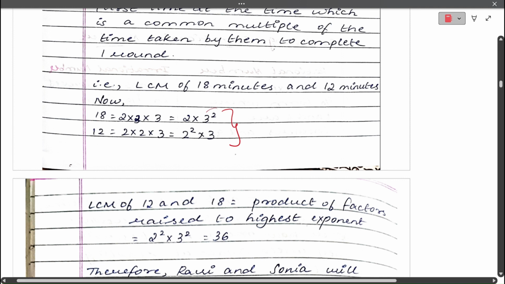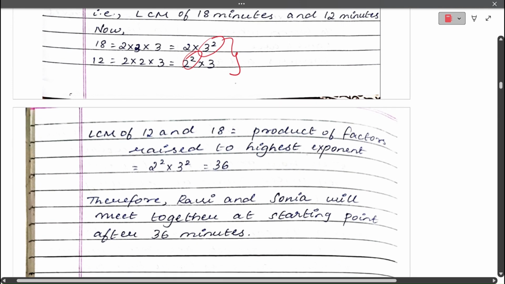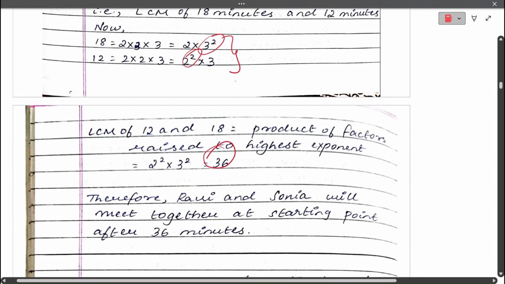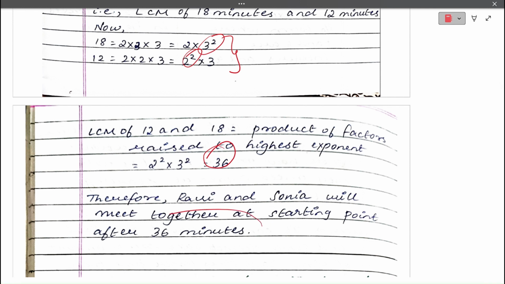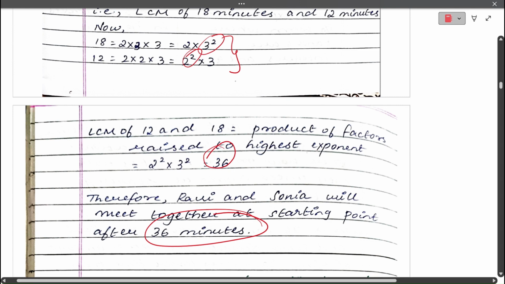The highest exponents are 3 square and 2 square. When you multiply, we get 36. So Ravi and Sonia will be together at the starting point after 36 minutes. Clear? Any doubts?